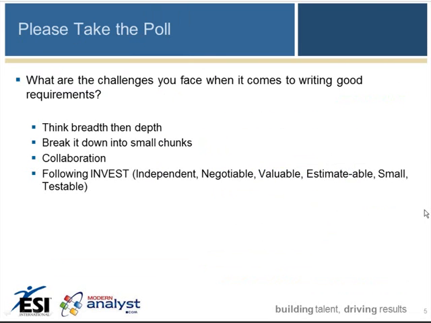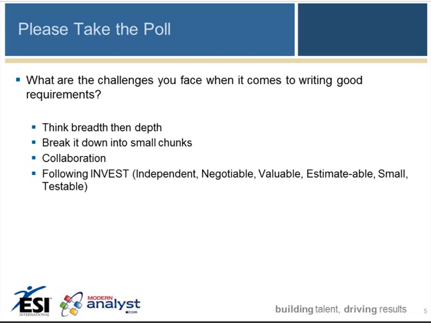So I have a poll here for the attendees, the listeners on the line. What are the challenges that you feel you face on your project team or inside your organization when it comes to writing good requirements? Do you have difficulty in thinking about breadth then depth? Do you have some difficulty in breaking requirements into smaller, more manageable chunks which correspond to iterations? Is collaboration an issue within your project team?